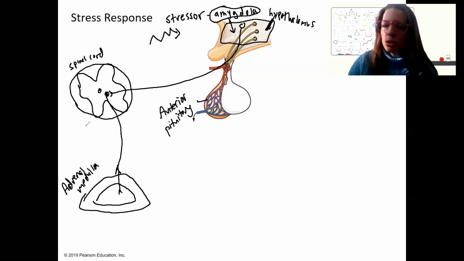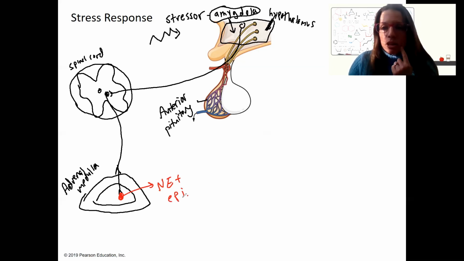What's in the adrenal medulla? I'm going to switch colors here just to vary it up a little bit. There are cells, and those cells are going to produce what? Norepinephrine and epinephrine.